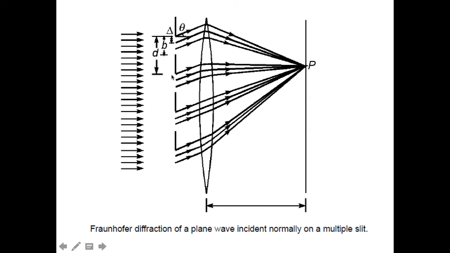Thus the intensity at the arbitrary point P on the screen is essentially the sum of the n terms.